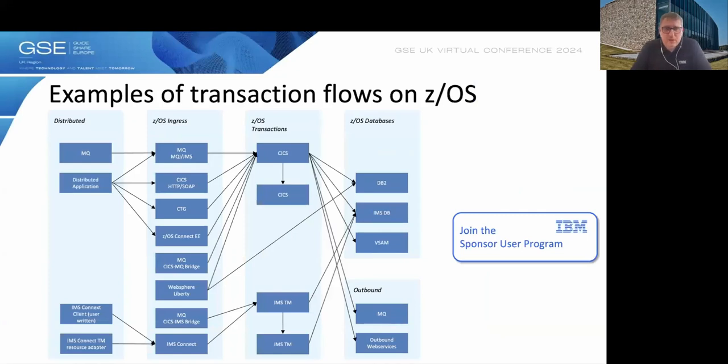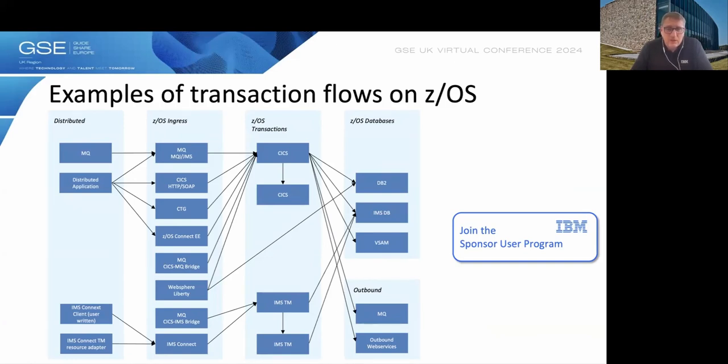Now on z/OS, we have a larger set of different products that allow us to perform transactions in a very efficient way. As we are looking at this chart here, requests can come either in from the distributed applications, or they could also be generated on the mainframe itself.